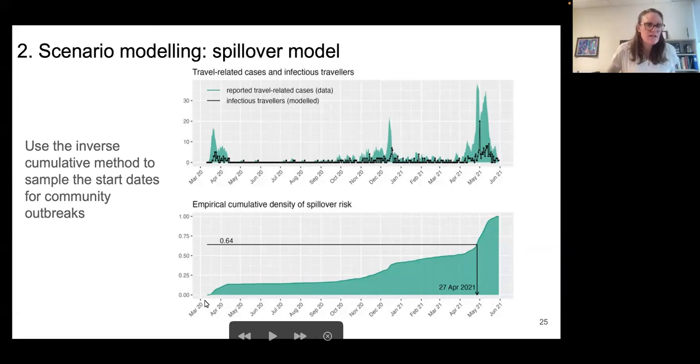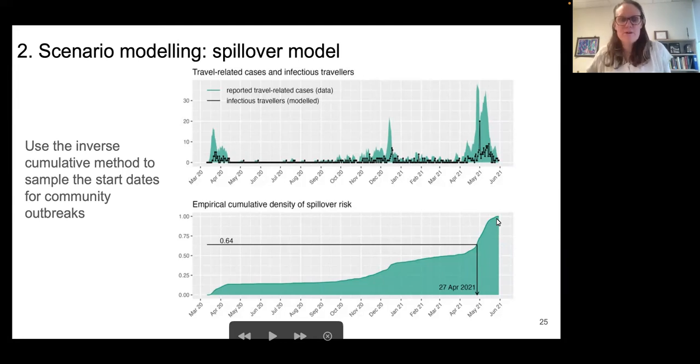And then you say, for example, I want to have 10 spillover events, and then you can figure out the days for when those might be using the inverse cumulative method. At the bottom, I have the green curve, but represented as cumulative. It's got a very steep slope towards the end, and that's because there are more travelers in self-isolation that are infected.